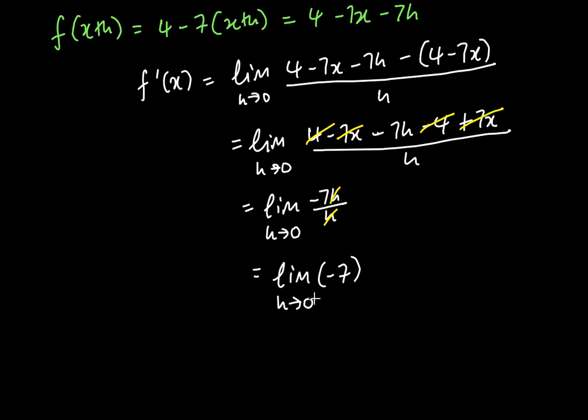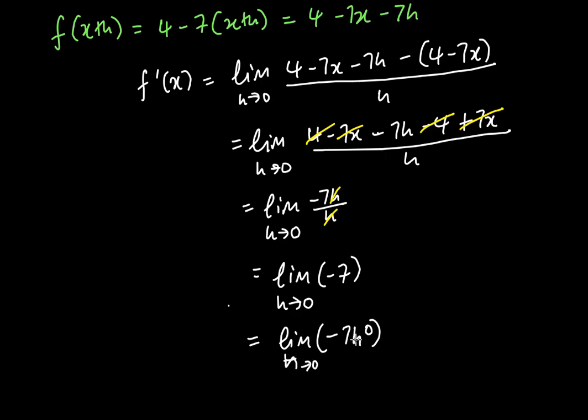So the question is, where are we going to substitute our h now that we have something like this? Well, I'm going to explain this in two ways. The first way is that here, this negative 7, I can write it as negative 7h to the power of 0 as h approaches 0.